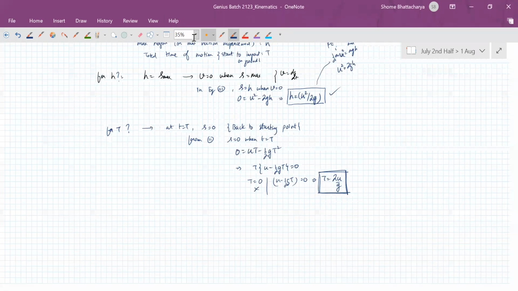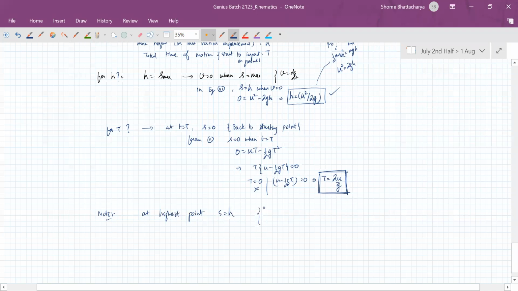Okay. Now, a few more things to keep in mind before we come to questions. At the highest point, that is when the displacement is equal to h, where of course we know h is equal to u square by 2g, the velocity is 0.